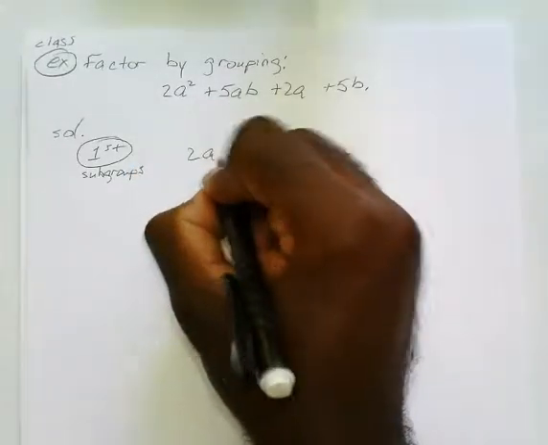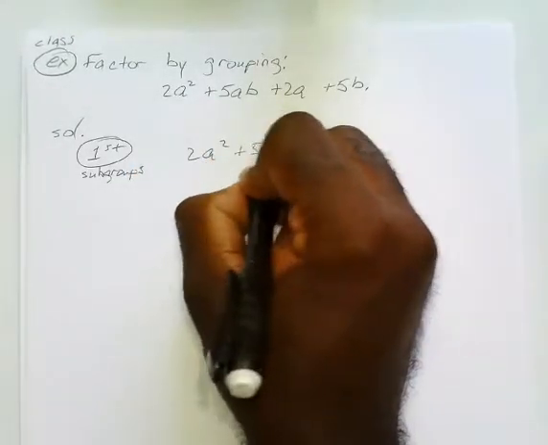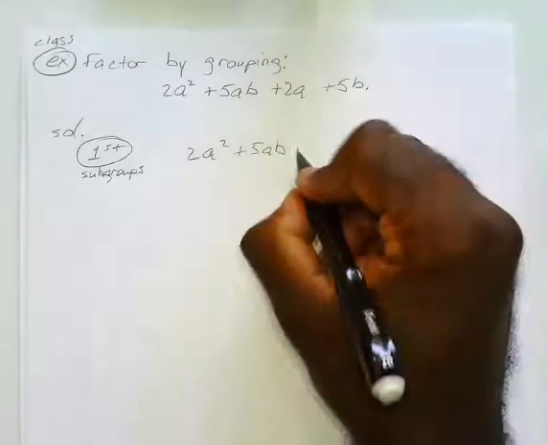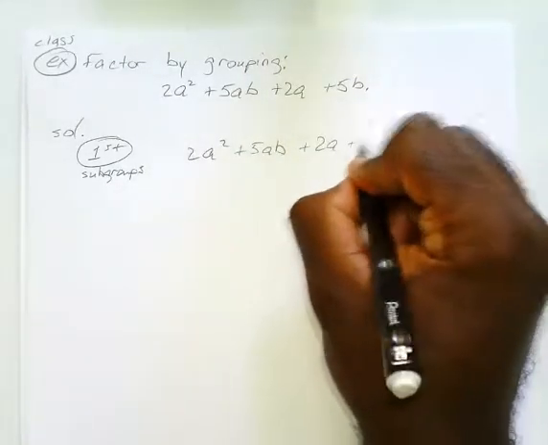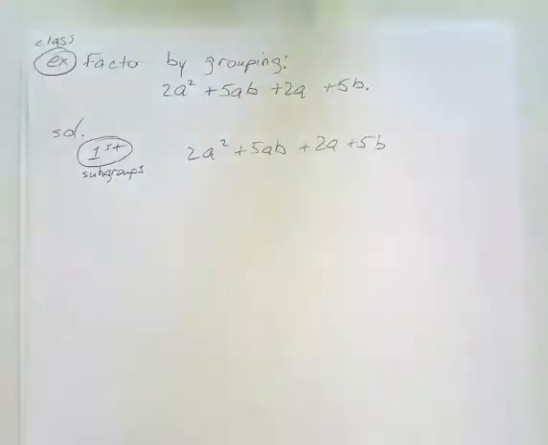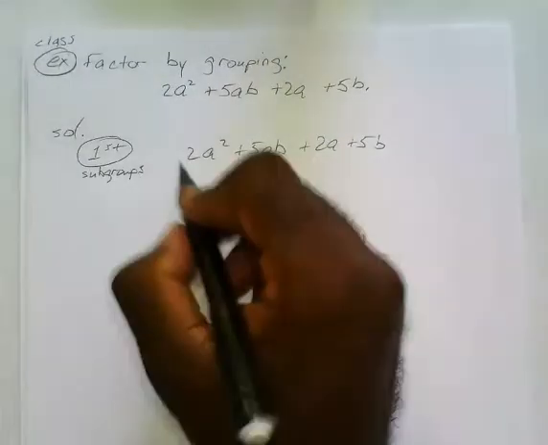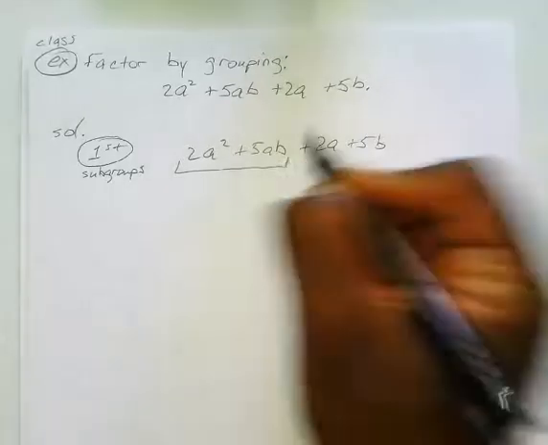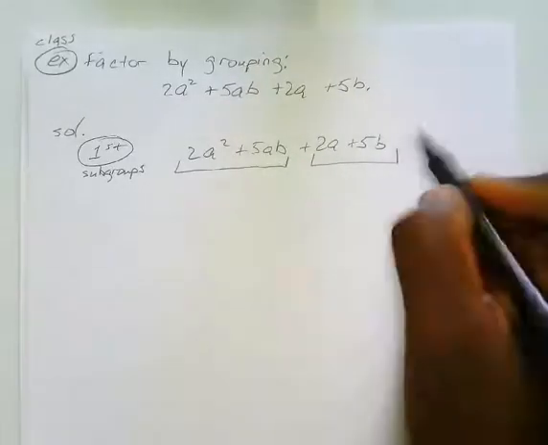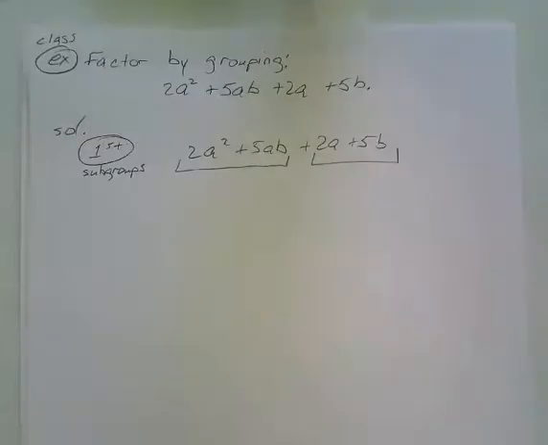So you have 2a squared plus 5ab plus 2a plus 5b. Okay, and here are our subgroups. So we got our 4 terms, broke it down to 2 sets of 2 terms.